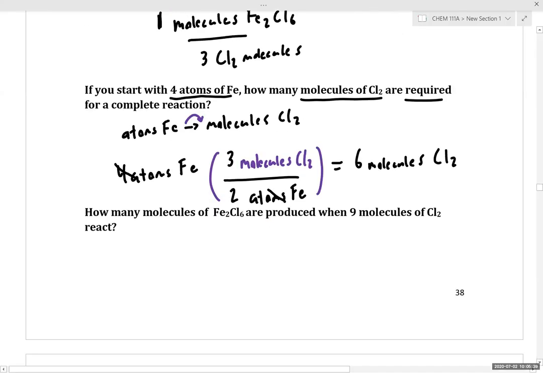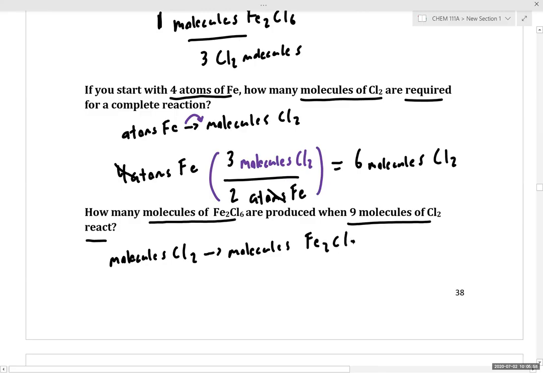Okay, let's now try to answer the next question. How many molecules of product are produced when 9 molecules of chlorine react? So we're starting with molecules of chlorine, and we're trying to convert to molecules of product.